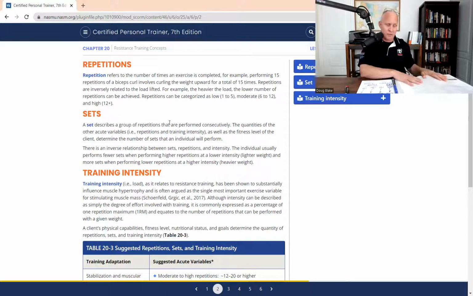So I do have my hardcover textbook, but it's easier to show you guys while I'm doing this video. This is on page 620, 619. Acute variables start on 618. This is chapter 20, obviously. So the acute variables, repetition sets, training intensity.